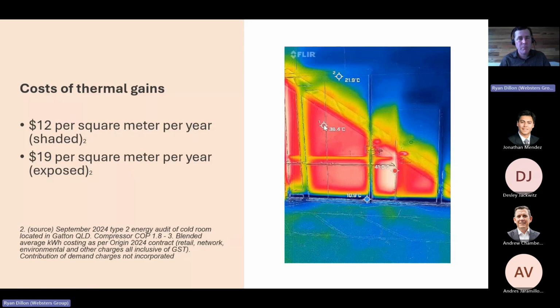So what does that cost per square meter of wall? Well, from this site in Gatton, and this was to a type 2 audit standard, we have $12 per square meter per year shaded, or $19 if it's this eastern wall and it's left exposed. So quick rule of thumb to measure your cold room and start to think about what it actually costs per square meter. And this is for 150 mil thickness wall.